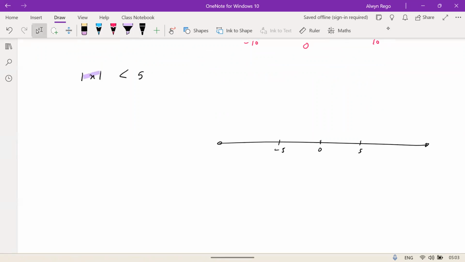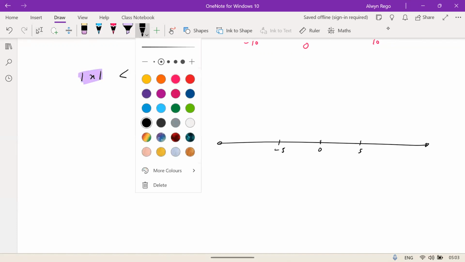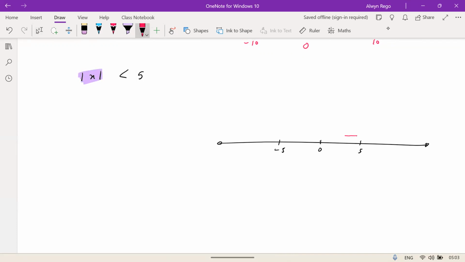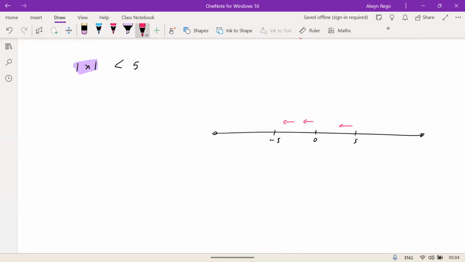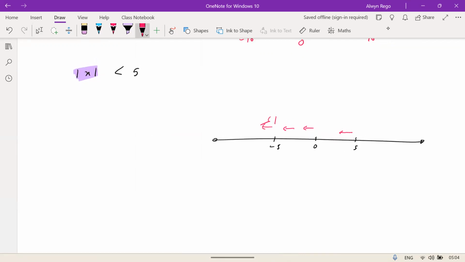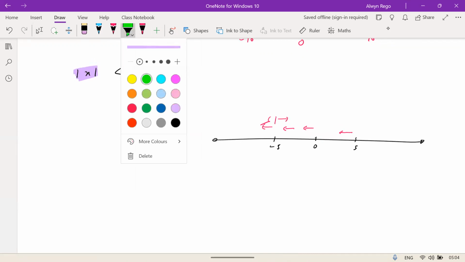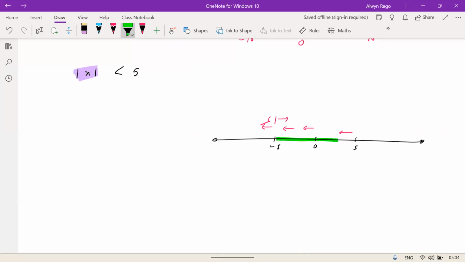But if the modulus of x is less than 5, then surely the number must have been less than 5. But how far can you go? You can go here, but you couldn't cross the minus 5 here. You have to stay to the right of minus 5. So this whole zone here to here will be such that the absolute value of every such number will be less than 5.